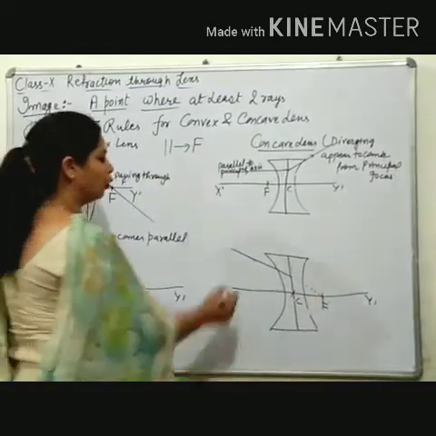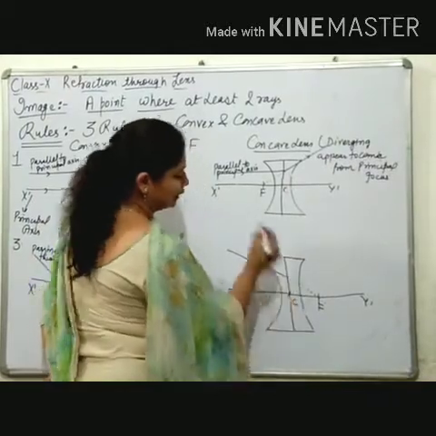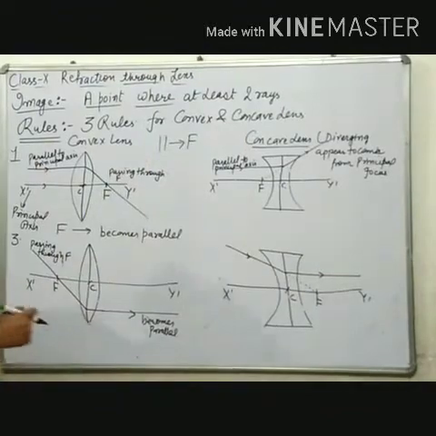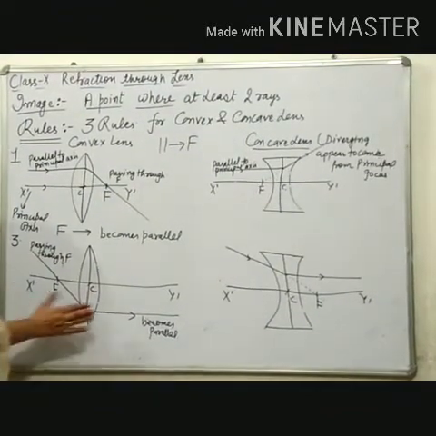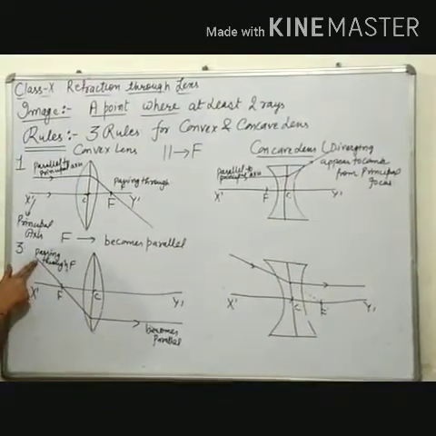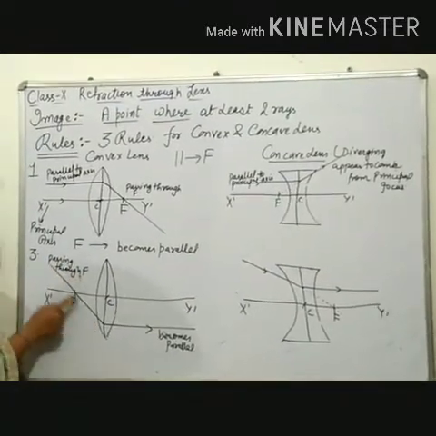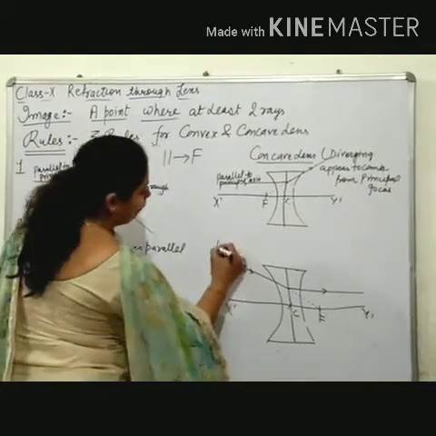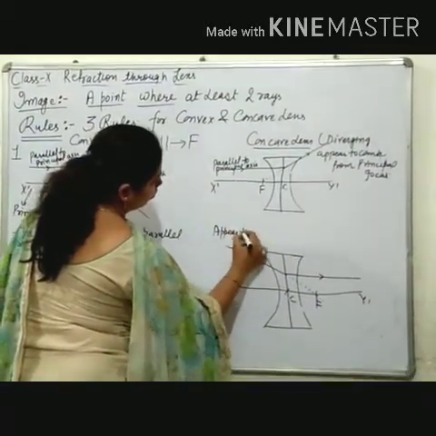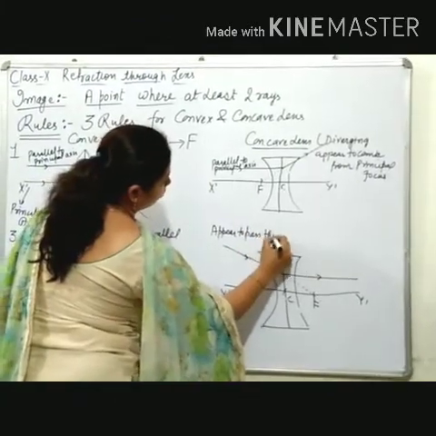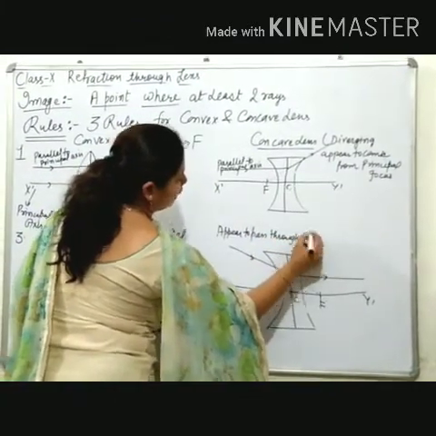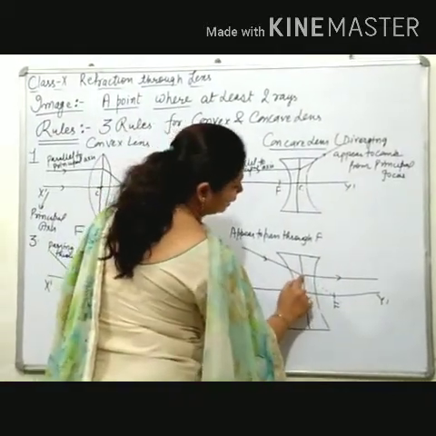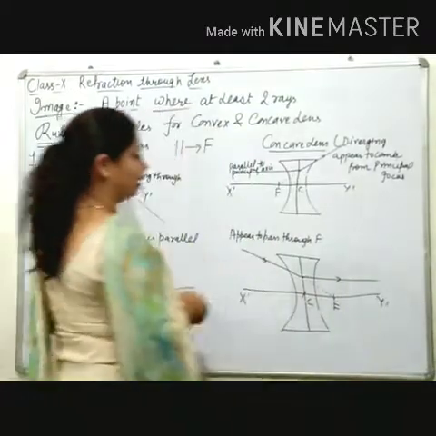Appearing to pass through focus, as it passes through the concave lens, it becomes parallel. So this makes the difference between convex and concave here. When a ray of light actually passes through F, it becomes parallel. Appearing to pass through F means it is not actually passing there. It appears to pass through F. After passing through the lens, it becomes parallel.